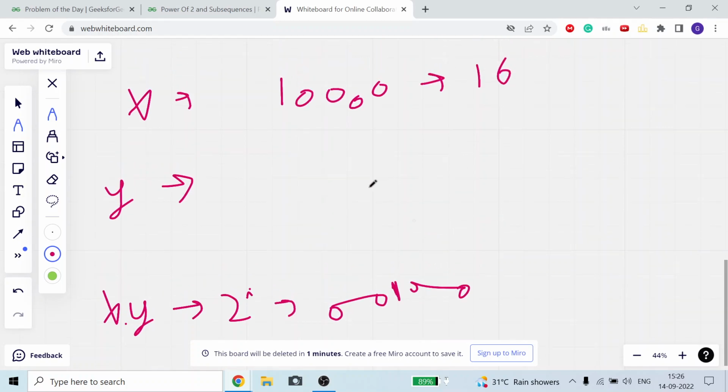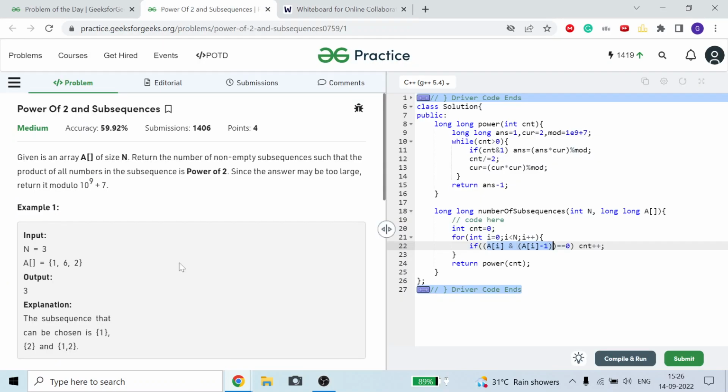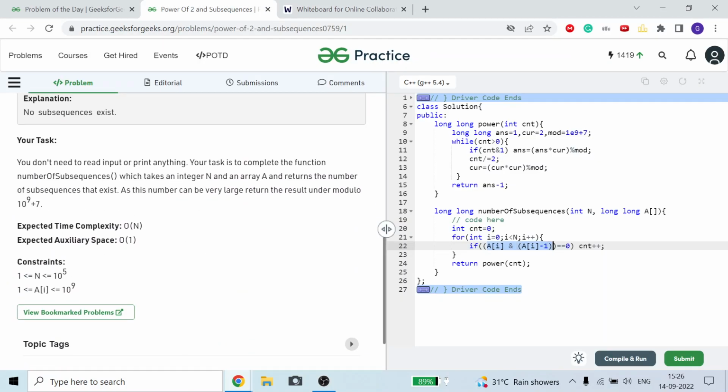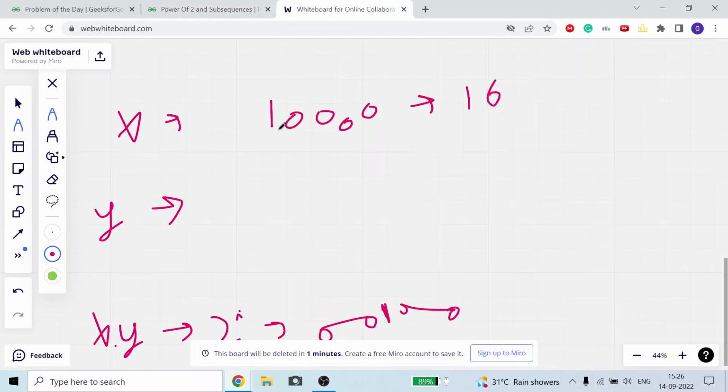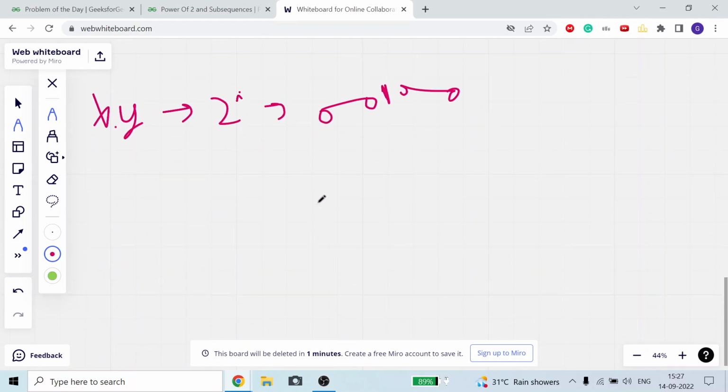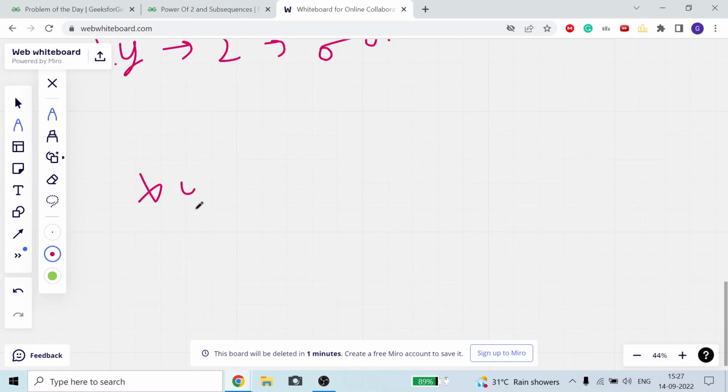Now guys, what I can say is that I also know my number should be between 1 and 10 raised to the power 9. So I know y is between 1 and 10 raised to the power 9, and I have to multiply it with my x. The minimum number I will get is x into 1: if y is equal to 1, then the product is equal to x.